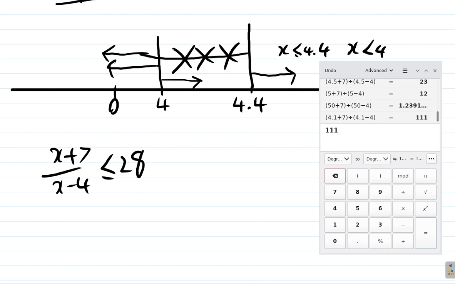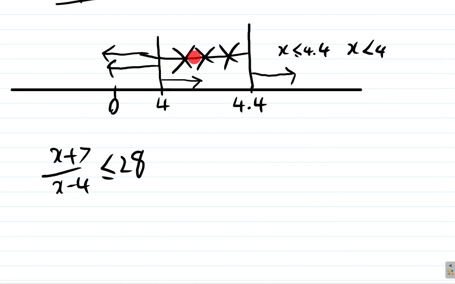Let's try 4.3. 4.3 should also not work. So, right, it's greater than 28. So we see any number within this region doesn't work. But outside here and outside here, they work.